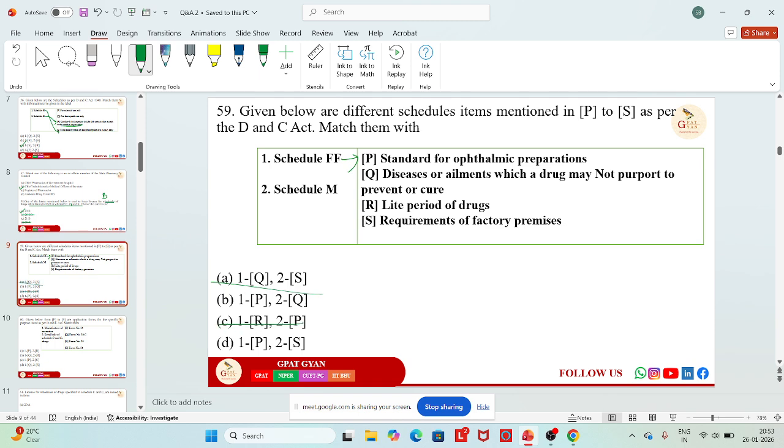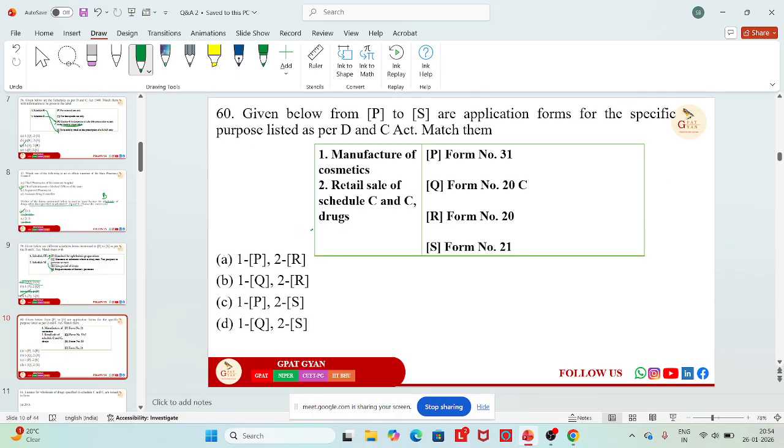So A and C are cut. And M is for the factory premises. So B will be B. D is the correct option. You told already. Next, another match the following. Details C and C1.